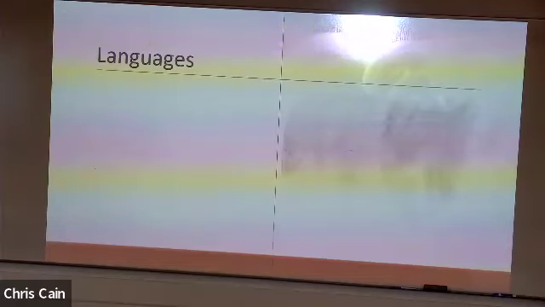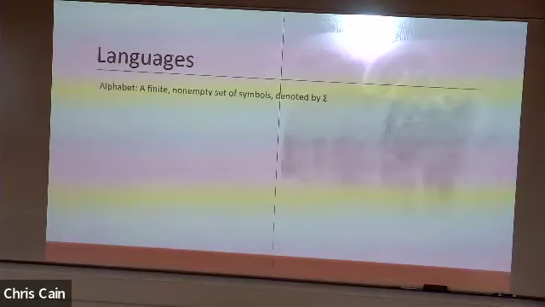So we're going to start with a very broad overview of these concepts, and you may have some preconceived notions about what these concepts are, but we're going to be looking at them at a very abstract level because we want to be able to zoom all the way out and determine, all right, what are these concepts at their most abstract form? So a language has an alphabet.